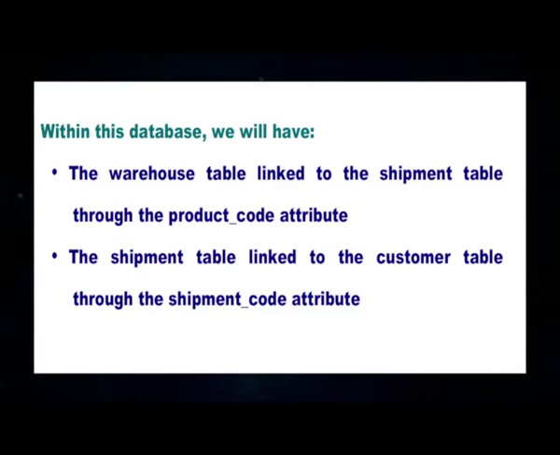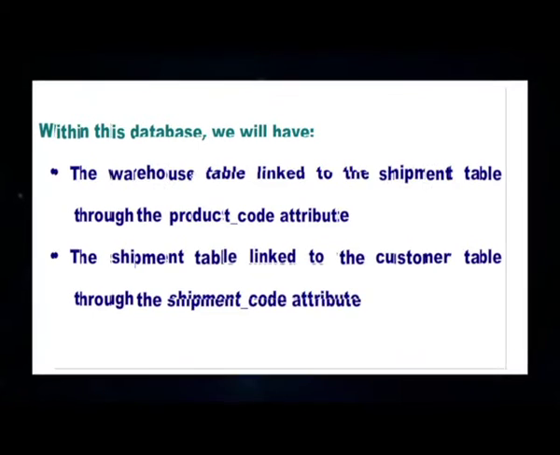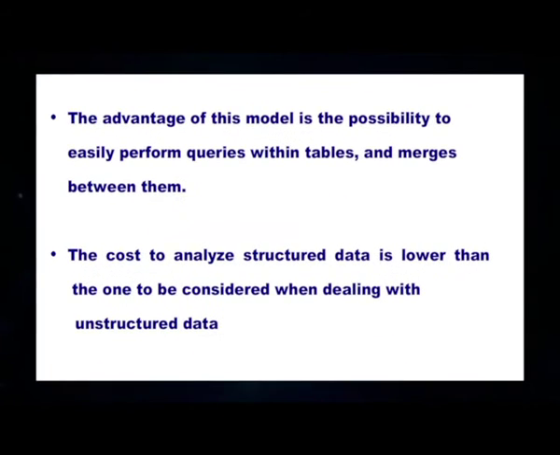The shipment table is linked to the customer table through the shipment code attribute. The advantage of this model is the possibility to easily perform queries within tables and merges between them. The cost to analyze structured data is lower than the one to be considered when dealing with unstructured data.